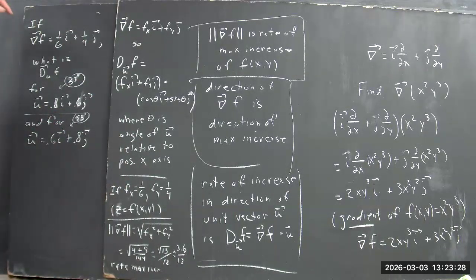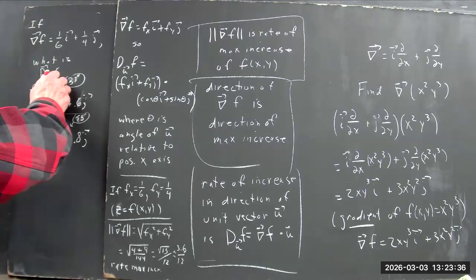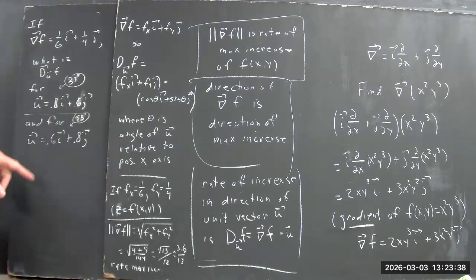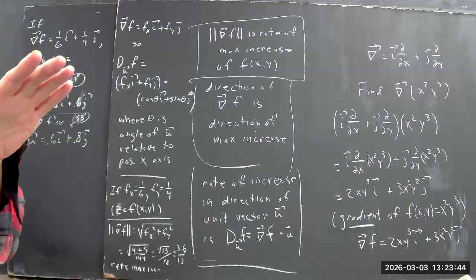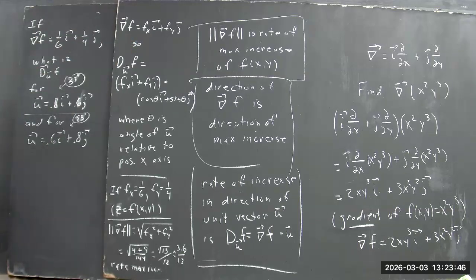question is, if del F is 1/6 i plus 1/4 j, what is D_U F for U equal 0.8i plus 0.6j, which corresponds to a 37-degree angle above the x-axis, or for U equal 0.6i plus 0.8j, which is a 53-degree angle.